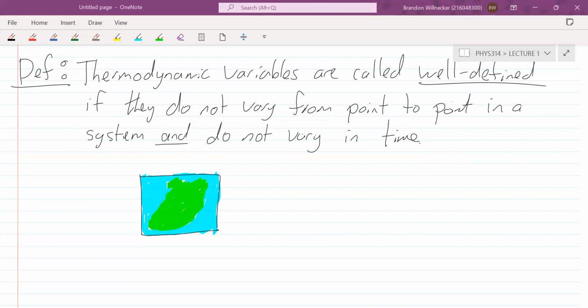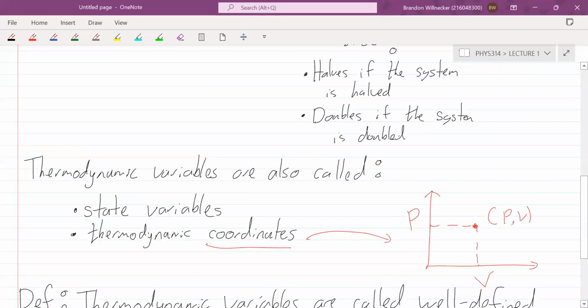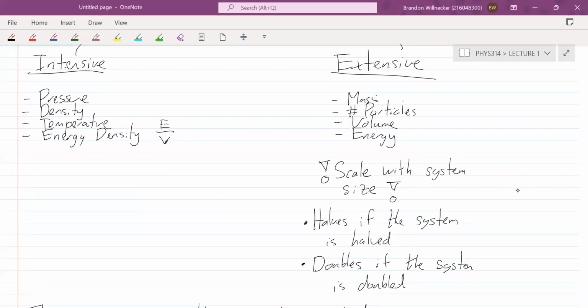Okay, I've got a question here. Is it wrong to consider them as extensive variables of a system, given system is in equilibrium? Okay, so the idea of intensive variables and extensive variables have nothing to do with equilibrium. Okay, so these variables are defined as is.